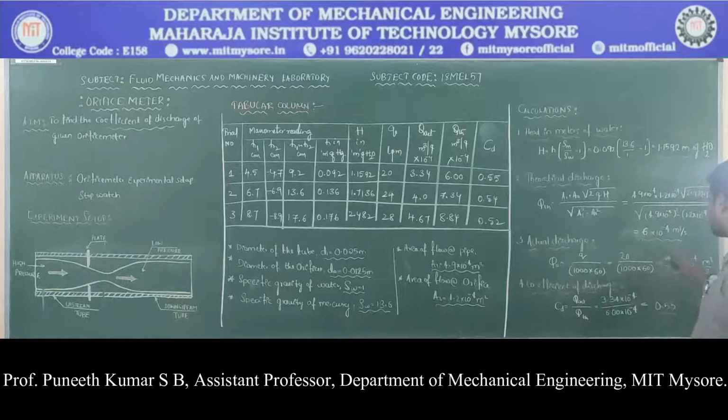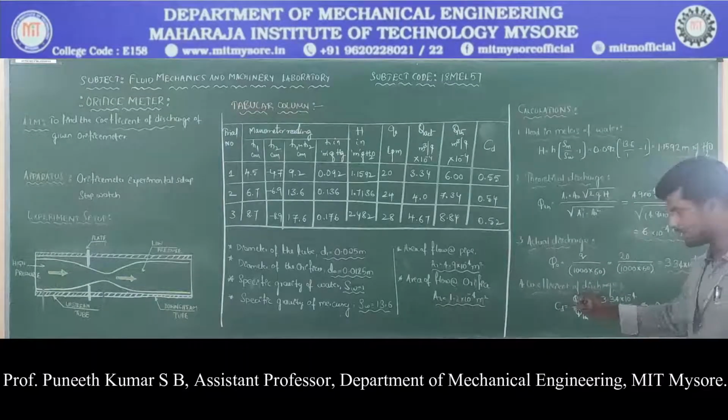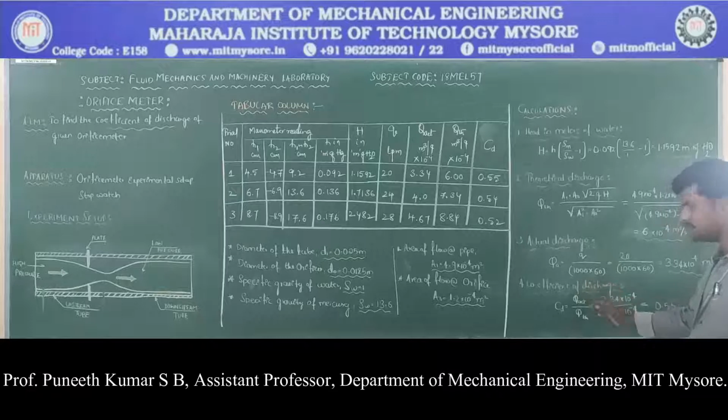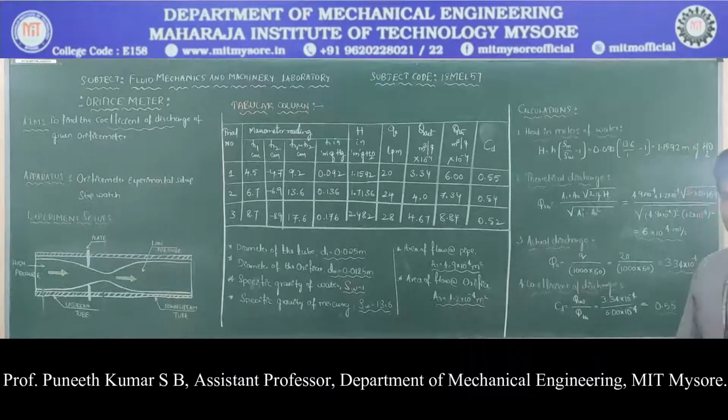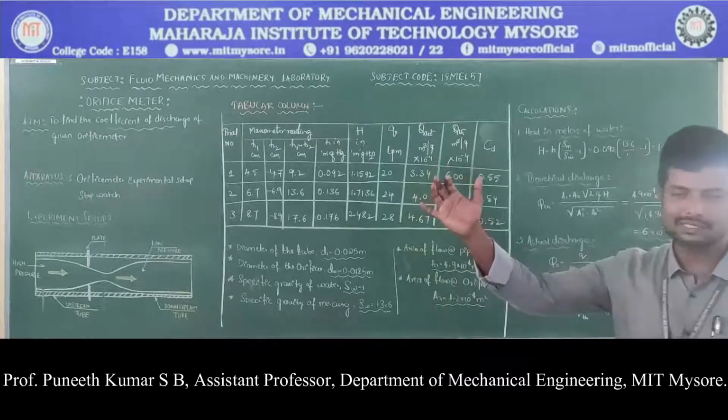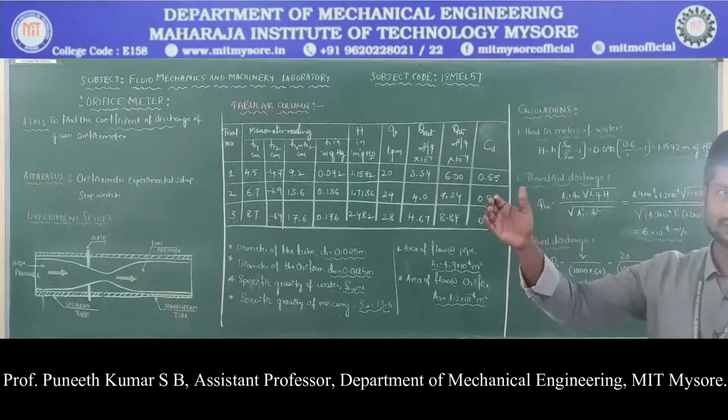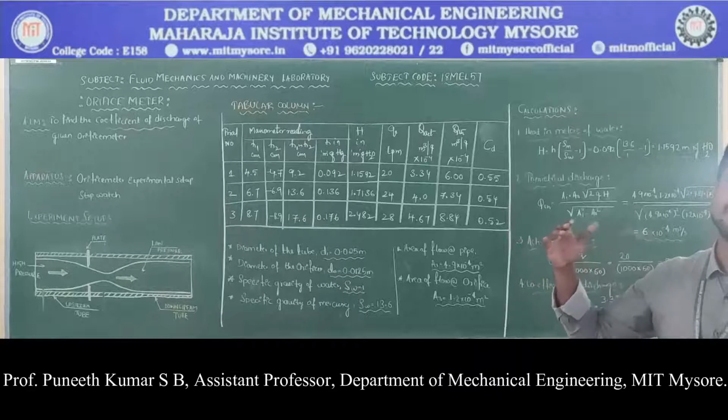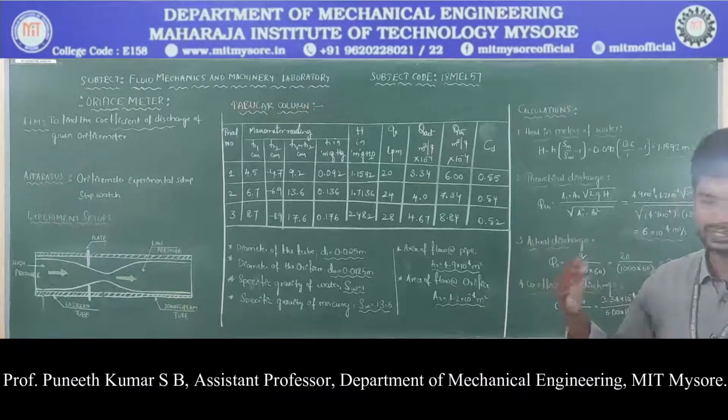The actual discharge we are getting is 3.34 into 10 to the power of minus 4 meter cube per second. To find the coefficient of discharge, it is Q actual by Q theoretical. The CD value will always be less than unity, or 1. Never ever can it cross the value of 1.